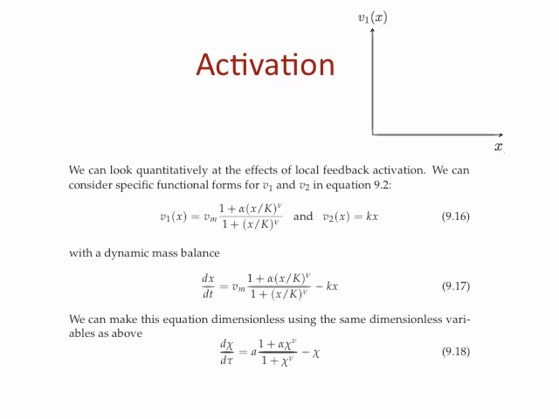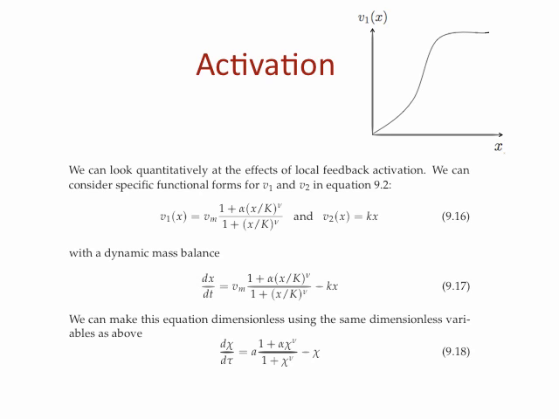So that's relatively simple. The next thing we're going to look at is activation. In this case, V1 is no longer a constant, but increases with the value of X. Now we can pull out a mathematical expression for V1 from chapter 5.